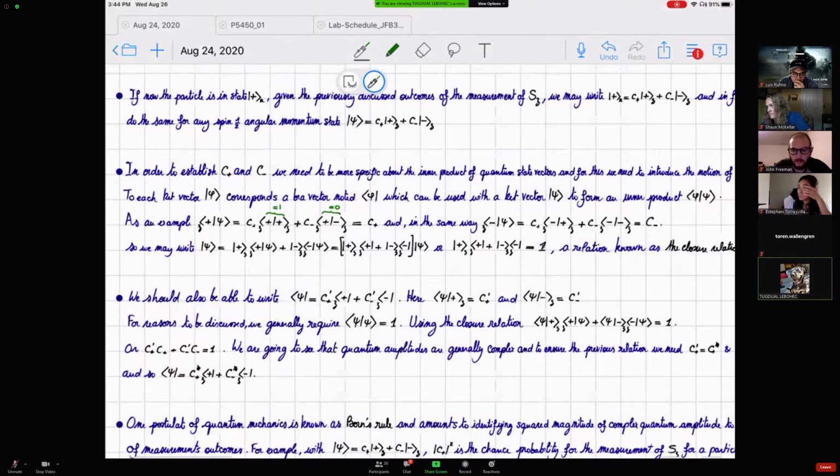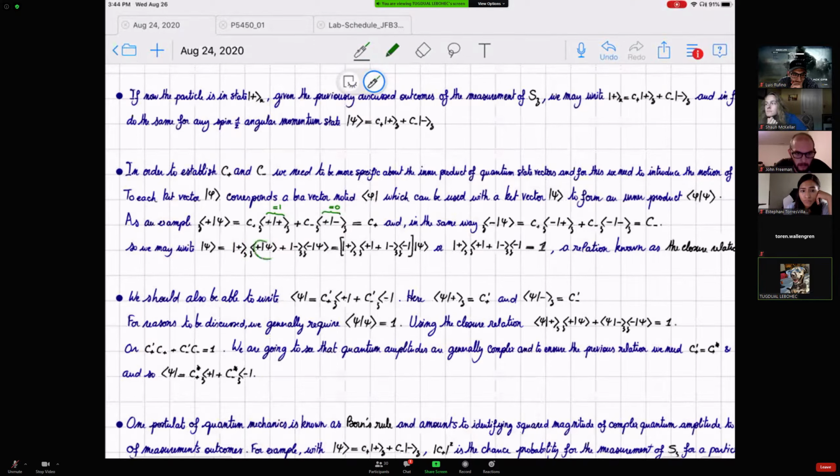Now, this C plus or C minus, we could multiply them by plus sub z and minus sub z. And so you see that, for example, if I were to write psi, I could write the bra plus times psi, which is the component of psi along the plus z ket, and I multiply this component by the ket plus sub z.